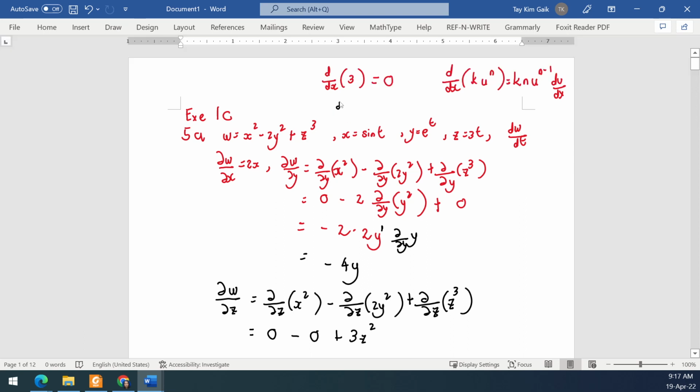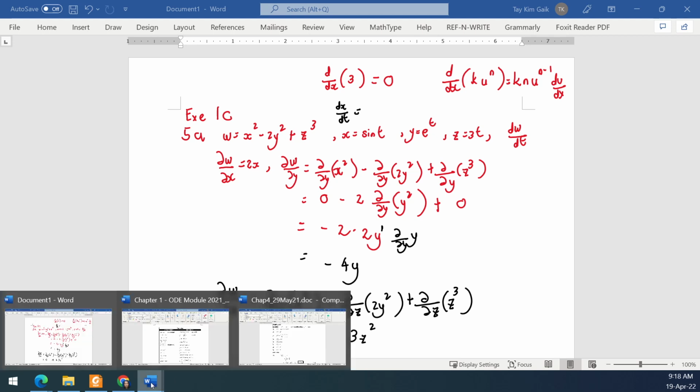Now x is sin t. From x you can find dx dt. Differentiate sin, what do you get? Later on, I will find back the differentiation formula, you have a look there.